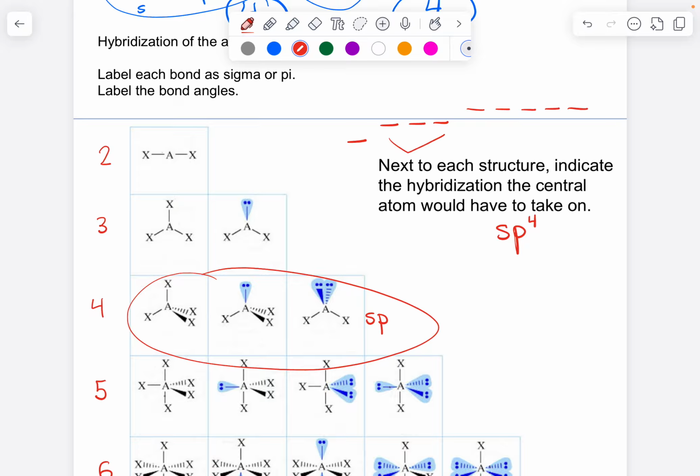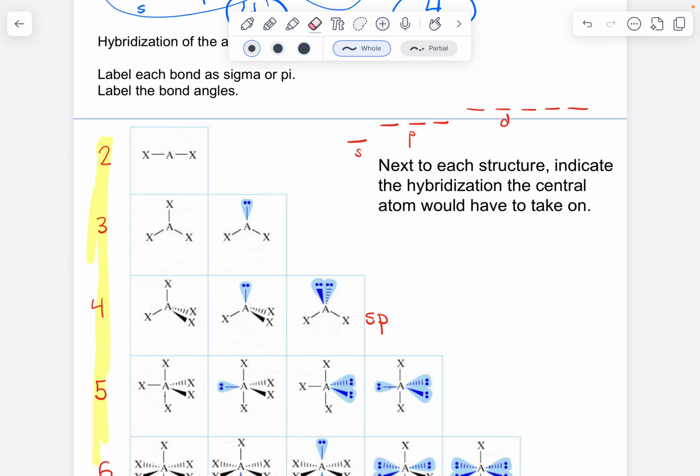I only have 3. So I'm going to take as many orbitals as I need so that I can match them up with this number over here. Okay? So this is S, this is P, and this is D. I'm going to take only as many as I need, not more than that either.